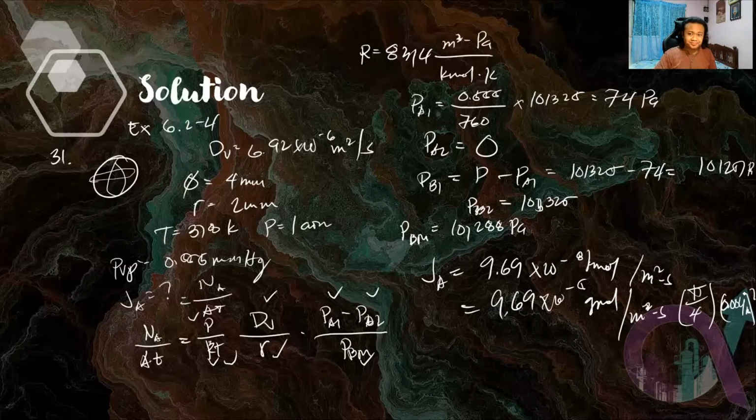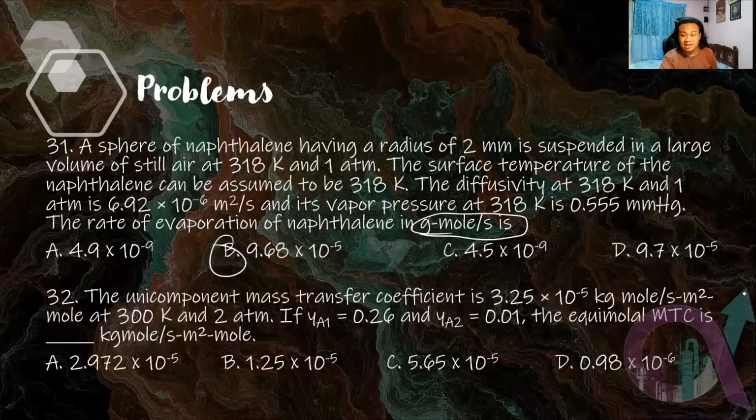So let's try that, times 0.004. Okay, so the answer, really, this is letter B. But in the answer key, it's letter A, but I don't know why.